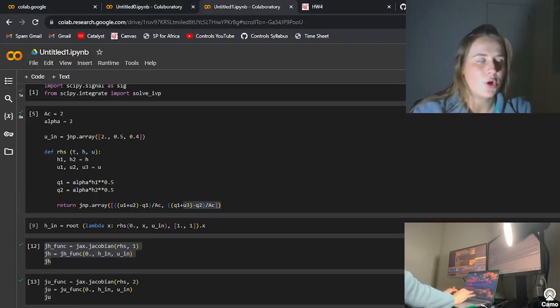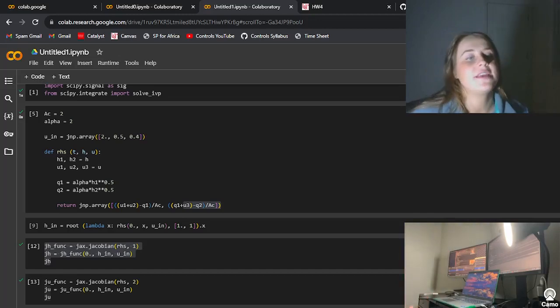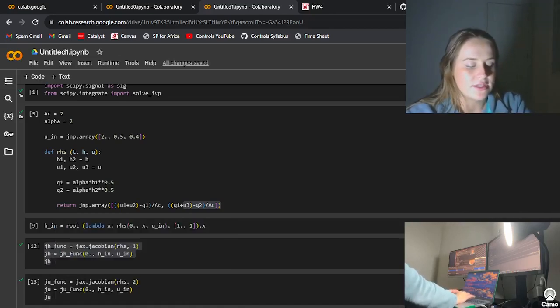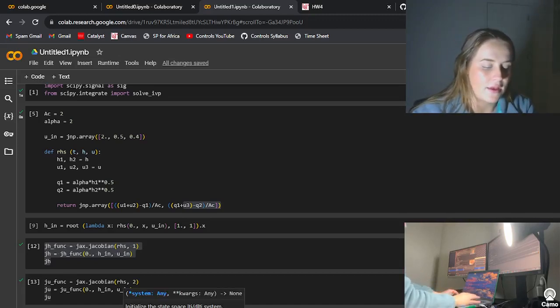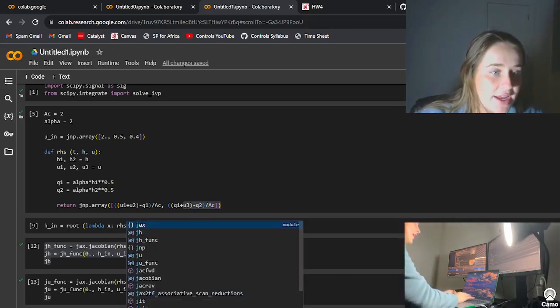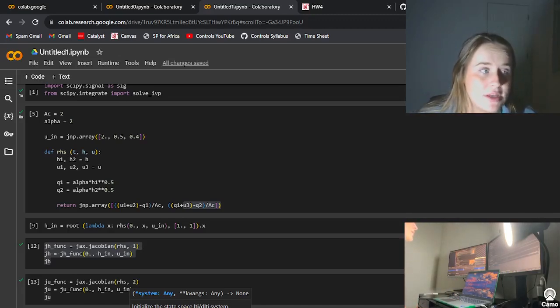Okay, so back to part A3, the coding portion. We want to put this in terms of a linear time invariant system. And that we can do by calling out LTI system equals sig.statespace, and then this is going to be in terms of the arrays A, B, C, and D. So our A is just going to be our JH, which is our Jacobian that we made before in terms of height.